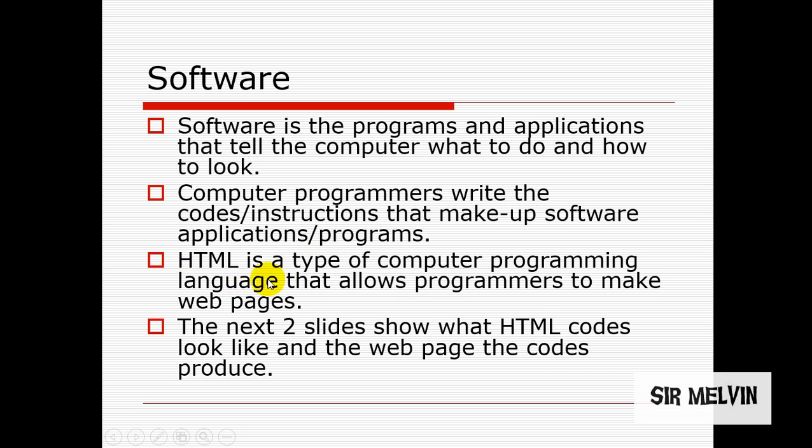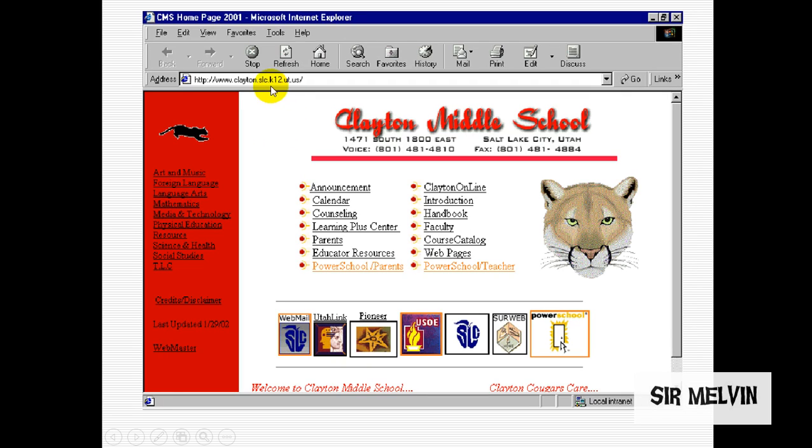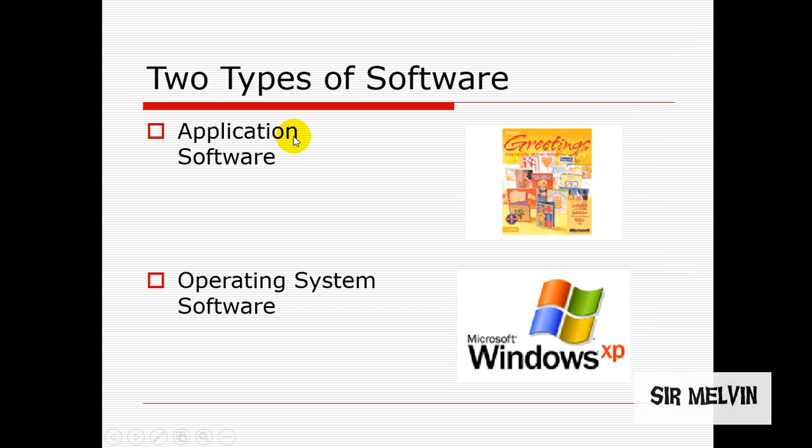HTML is a type of computer programming language that allows programmers to make web pages. The next two slides show what HTML codes look like and the web page the codes produce. This is an example of HTML made in Notepad. These are the commands and this is the source.